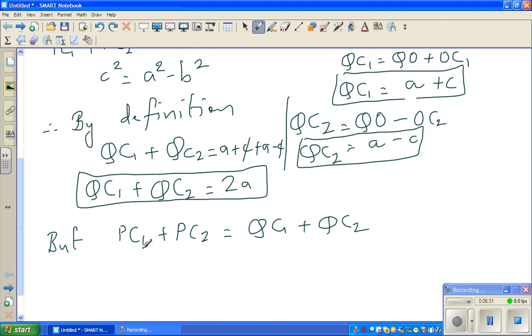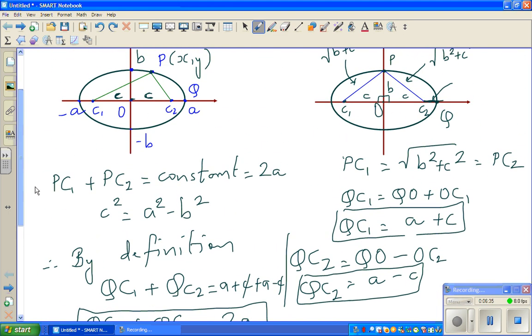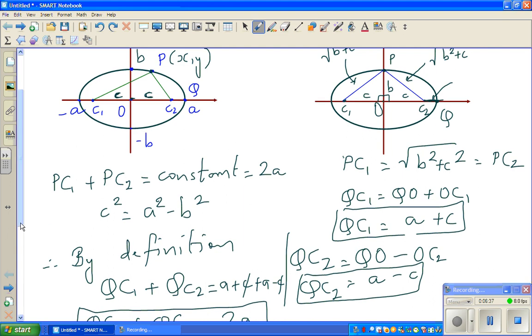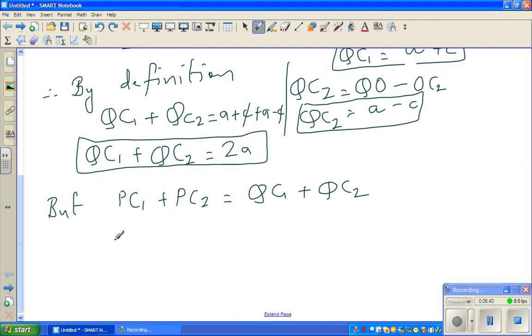PC1 and PC2 are each the square root of B squared plus C squared, so 2 times the square root of B squared plus C squared is equal to 2A.